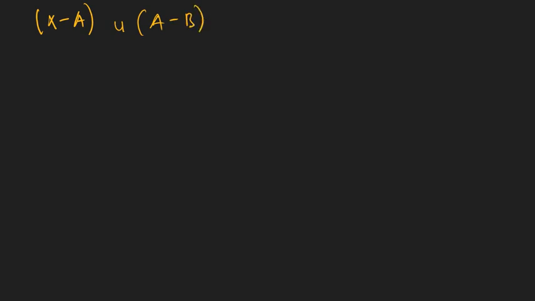Can someone just tell me how this guy is going to be formulated? Can someone just tell me what is x minus a? How can it also be written? This can also be written as x intersection a complement, the union of a intersection b complement.